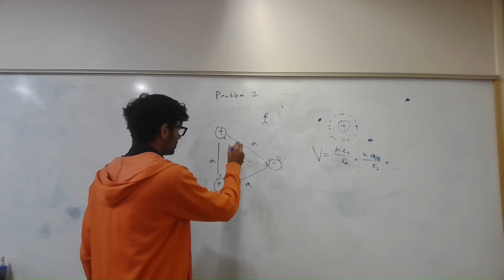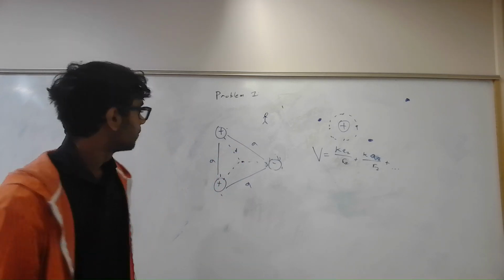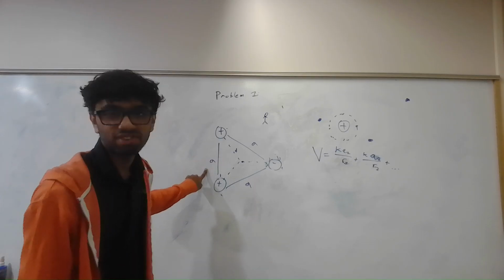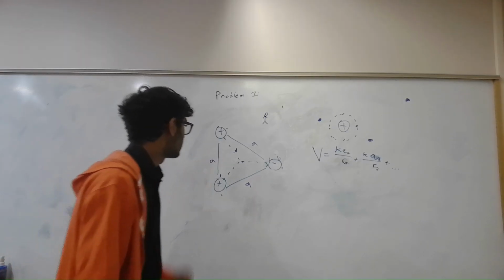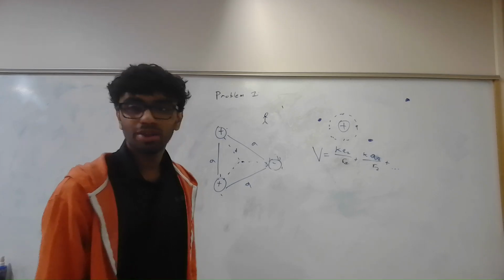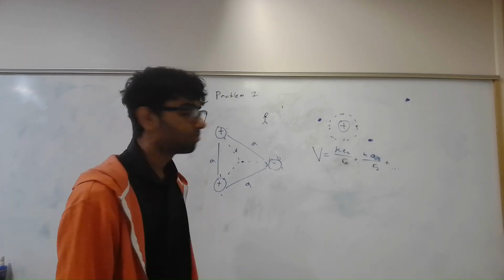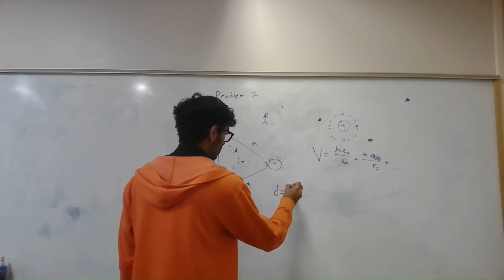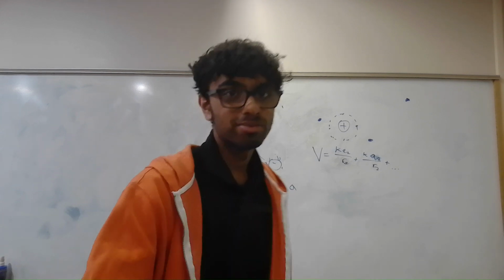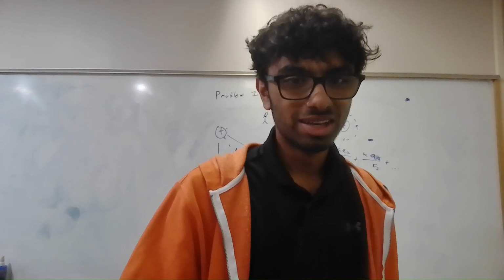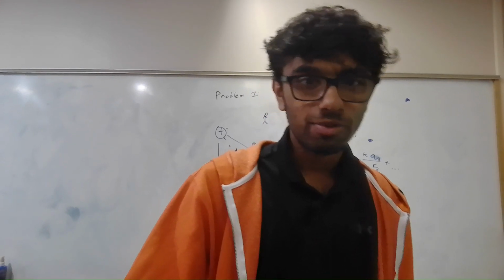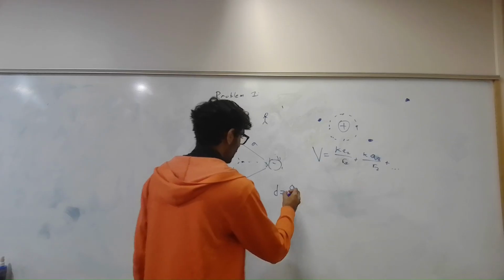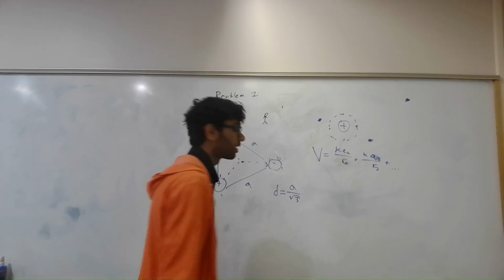So let's call this distance D. We need to figure out what D is in terms of A. I'm not going to go through the math; it's pretty simple, just trigonometry. Let me just check my notes, I don't want to misspeak. What we get is that D equals A over root 3.